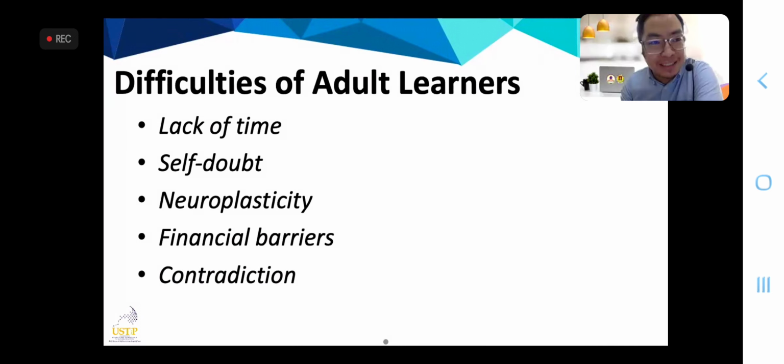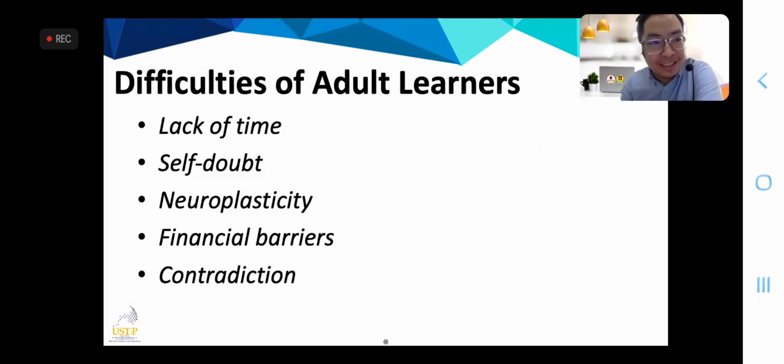Contradiction. Another problem our learners have, as I mentioned earlier, is difficulty to unlearn. They have pre-existing beliefs, pre-existing culture that sometimes contradict what we teach in class. And students are not vocal about this.